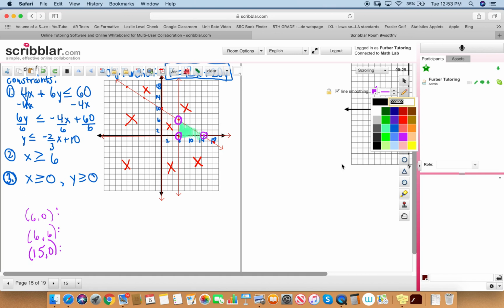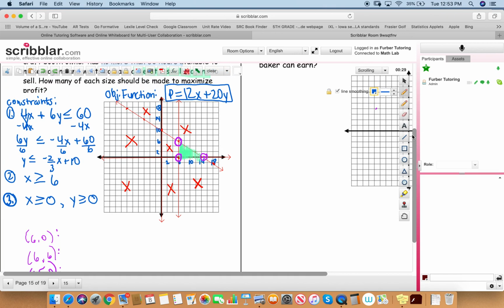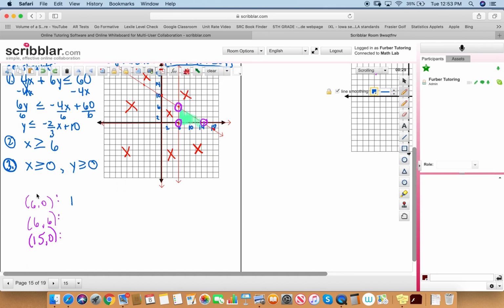All right, so let's plug those into the objective function. The objective function, remember, is 12x plus 20y, and you can use a calculator. If this is x and this is y, then one possibility is 12 times 6 plus 20 times nothing, meaning he didn't make any large wagons. 12 times 6 is going to give you 72, and that would be $72. 6, 6 would place 6 in for both of the variables.